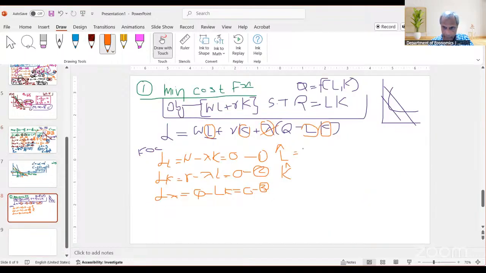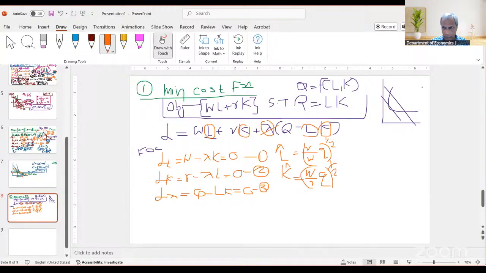For L you get the square root of R W Q, and K also we did before, the same thing I get, W over R, Q, root here.